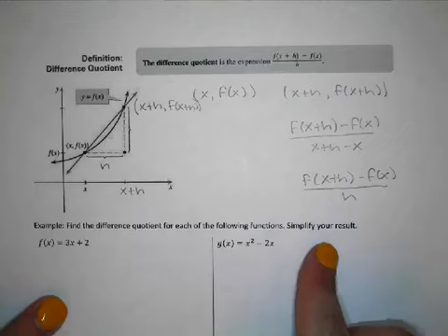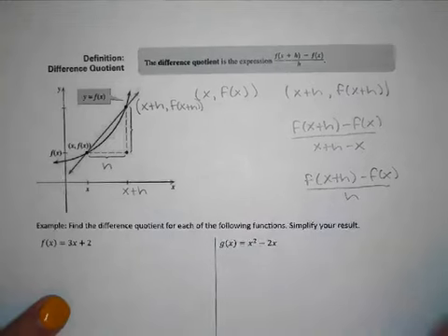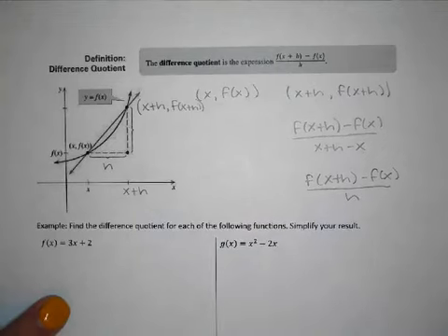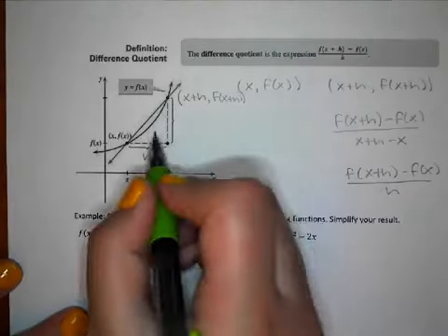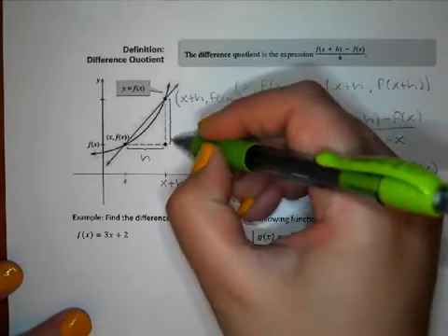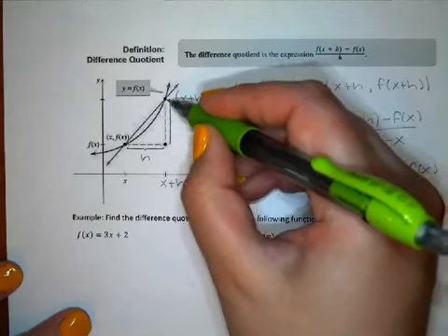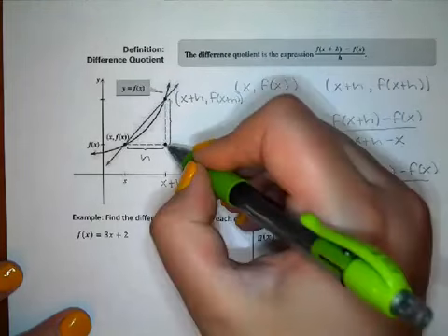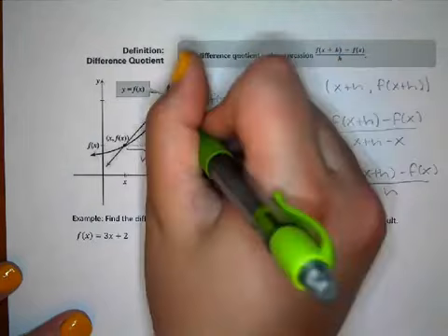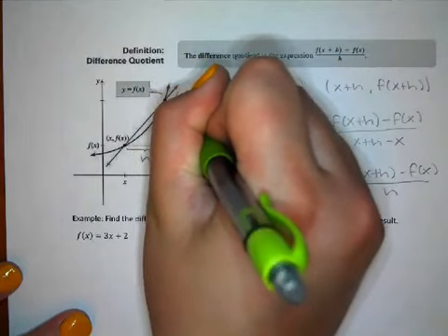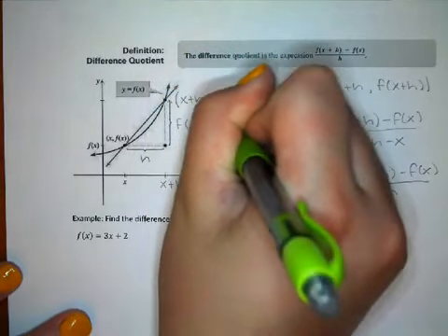So it's kind of like a formula to find the average rate of change on a curve instead of a straight line. So here we know that the difference between this y coordinate f of x plus h and this y coordinate f of x would be f of x plus h minus f of x.